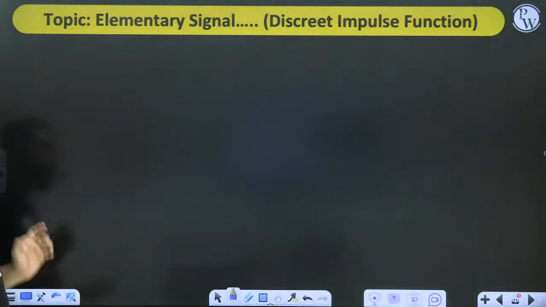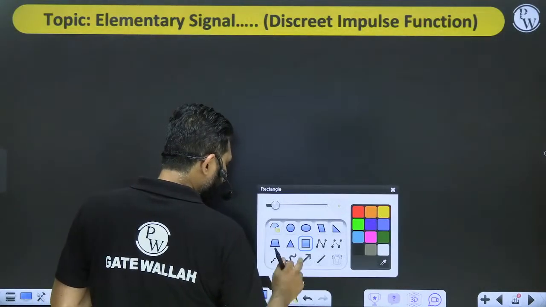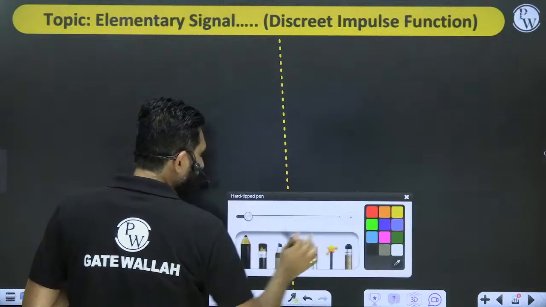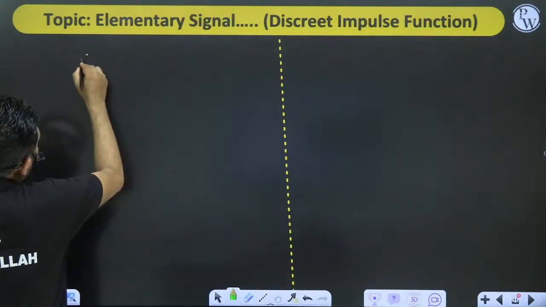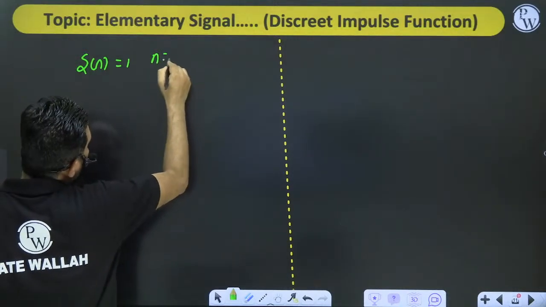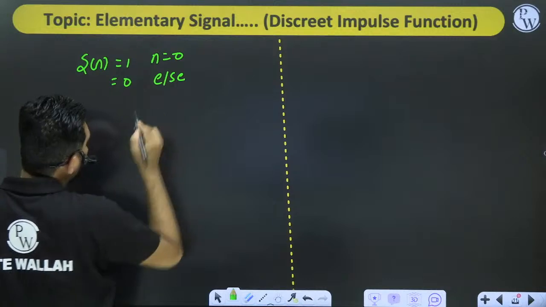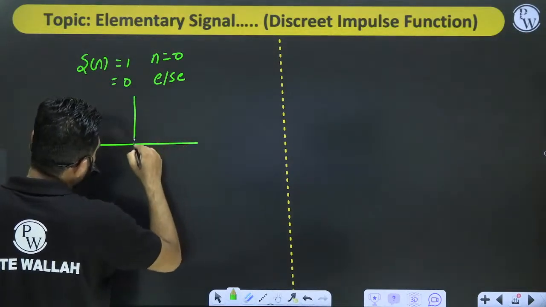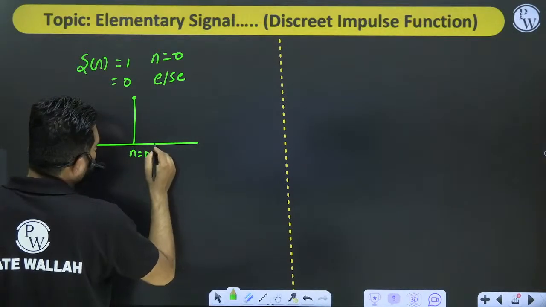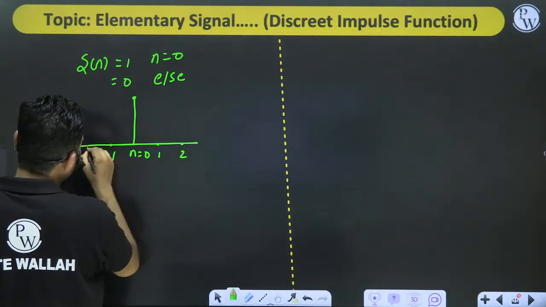So what I have covered till now is, listen carefully: I have a delta[n] which is 1 at n equal to 0 and is 0 else. It exists at this point, n equal to 0. Unit sample signal, you will say. This is 1, 2, minus 1, minus 2.